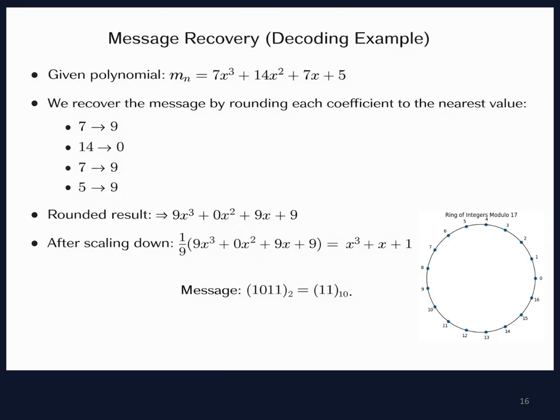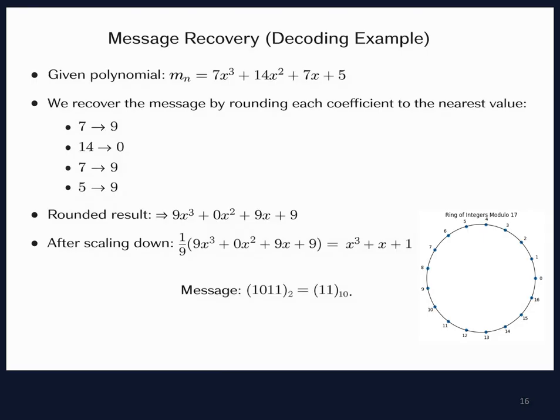The received polynomial contains noise, so its coefficients are not exactly the original message values. Since the scheme works over a modular ring, in this case modulo 17, each coefficient lies on a circular number line. During decoding, we round each coefficient to the nearest valid message representative, either 0 or 9 for this example.